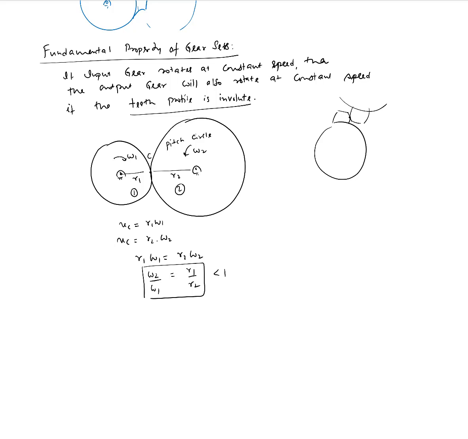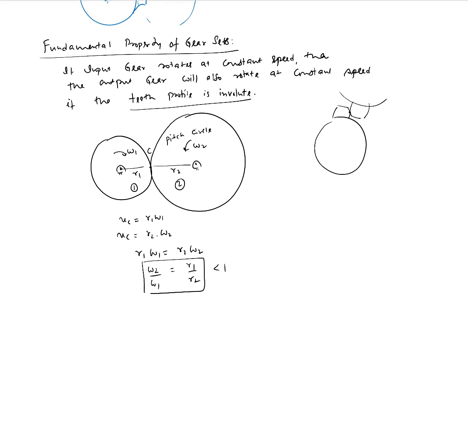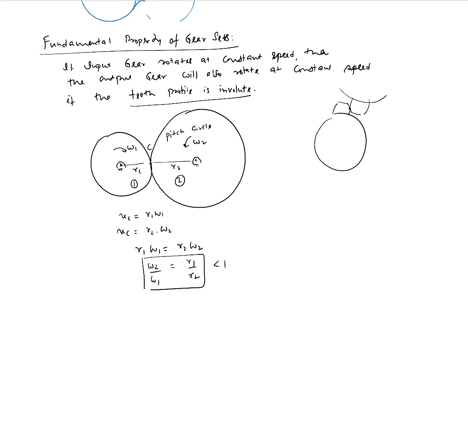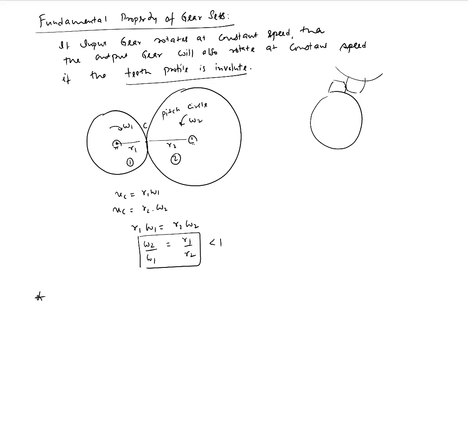Now it turns out that for gears, we really don't talk about the pitch radius. What we know about gears, and this is another important point, is that gears that mesh properly should have the same teeth density.